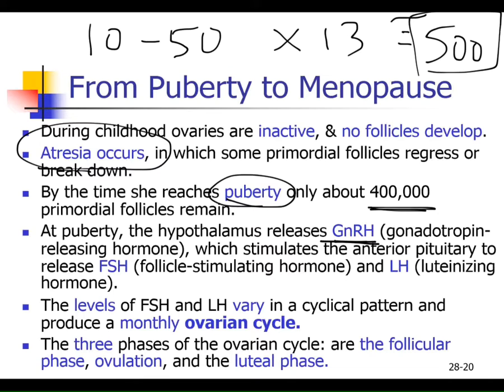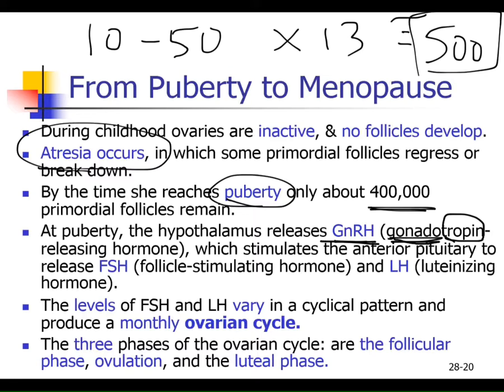Now, what does gonad mean? Gonad, either ovary or testis. And what does tropic mean? It was in our vocab. Tropic, influencing. And the -in ending tells us that it's a protein. So what is gonadotropin? A hormone that influences the gonads.